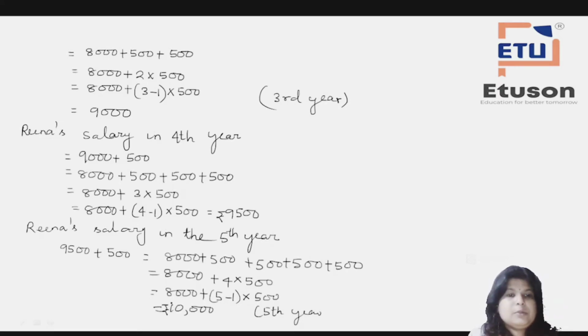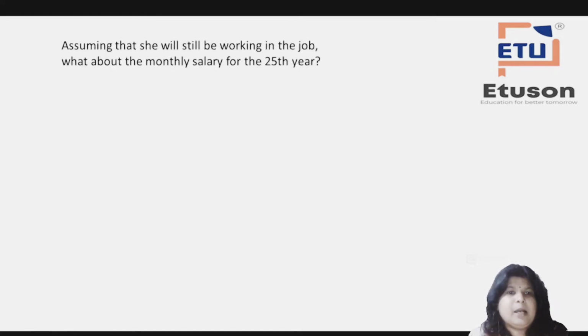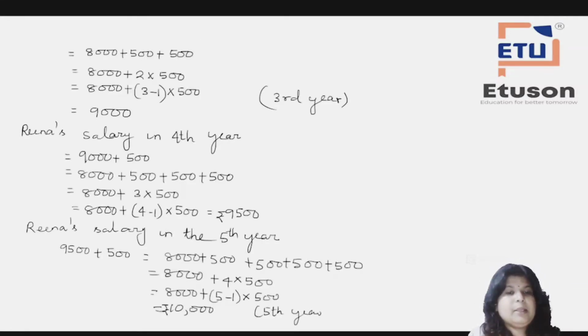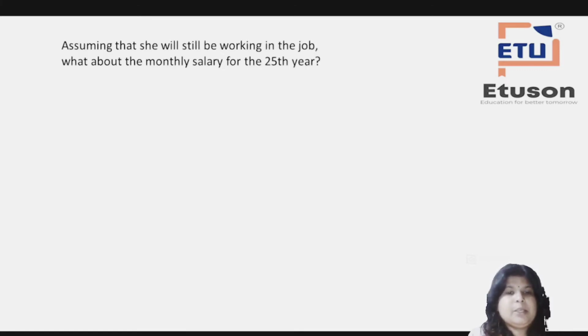So now, just observing the pattern, if we are asked to find Rina's salary for the 25th year. Okay, if you remember, for the 3rd year we were adding 2 increments, that is 3 minus 1. For the 5th year we were adding 4 increments, that is 5 minus 1. Similarly for the 25th year, how many increments will she be getting? She'll be getting 24, that is 25 minus 1.